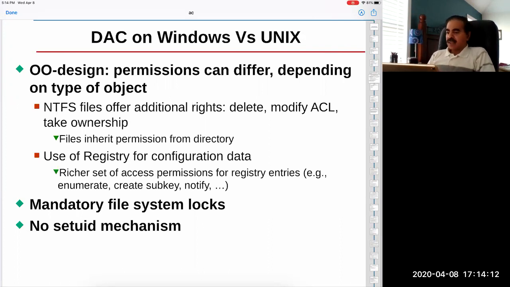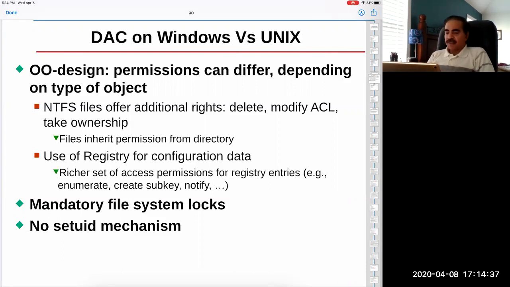Okay, so this is more flexible, but it also makes things more difficult to understand because it's easy to mess up the permissions in such a way that although you intended to give limited privilege to some other user, that user can in fact take over control of this file.